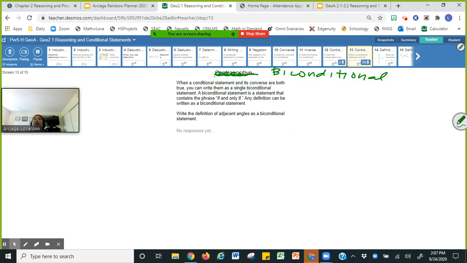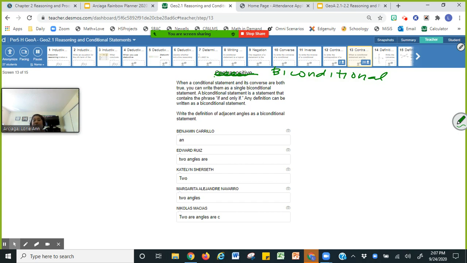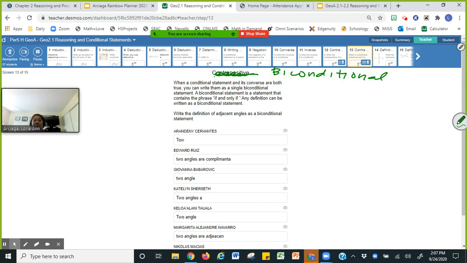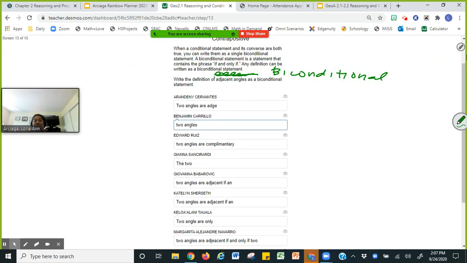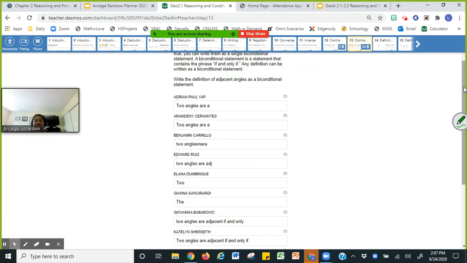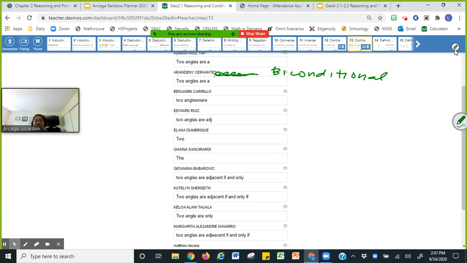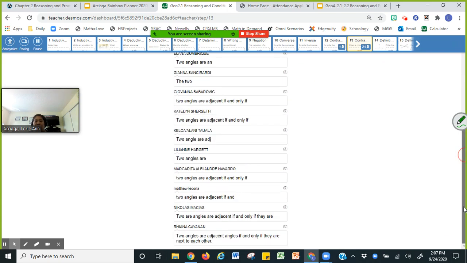Something like, two angles are complementary if and only if they add up to 90 degrees. But yours is adjacent angles. So two angles are adjacent if and only if, okay? That's how you start. Nope, Edward, that was just an example. Use adjacent, honey. So two angles are adjacent if and only if. Okay, so what comes after that?